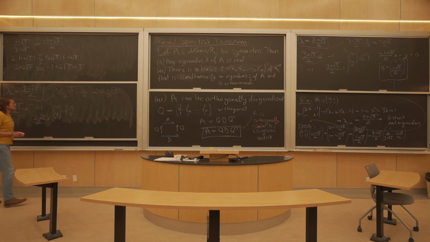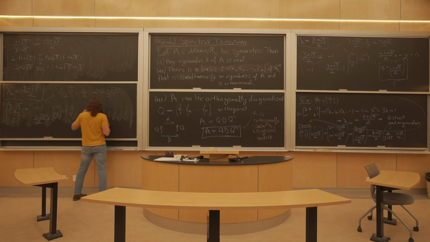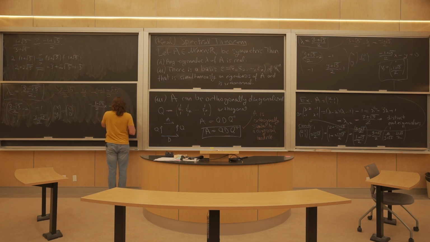So the first row is really telling me that this, well, let me just leave it like this, divided by 2 times x minus y equals 0.